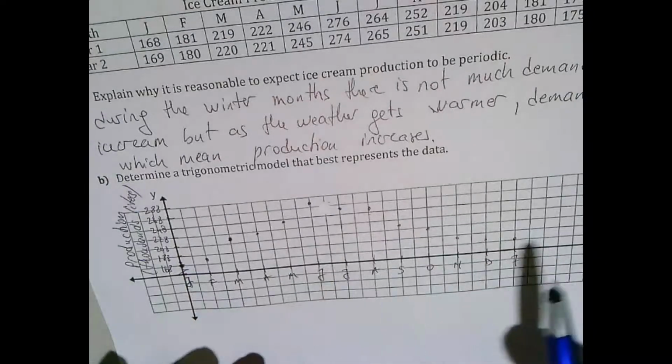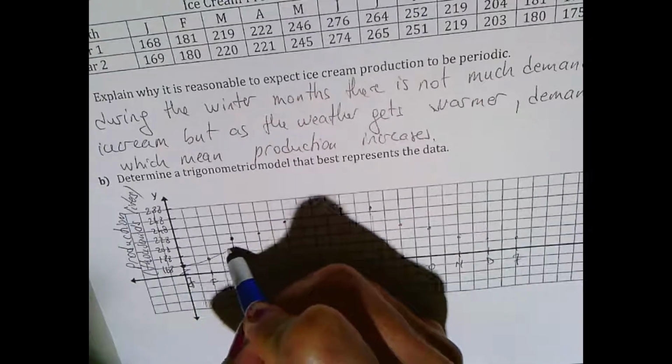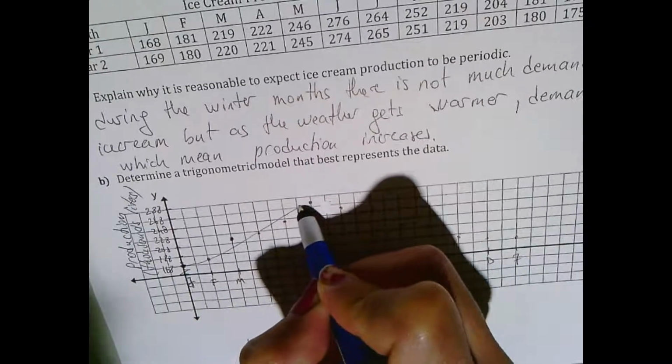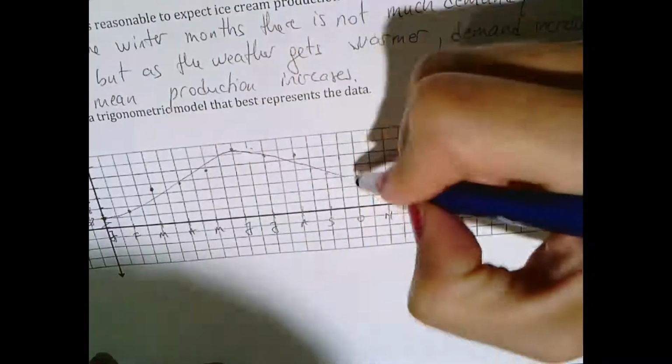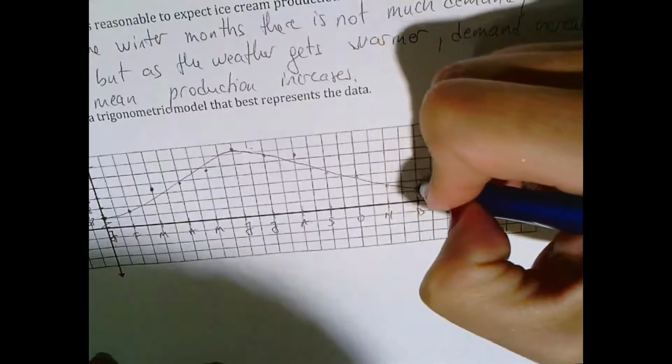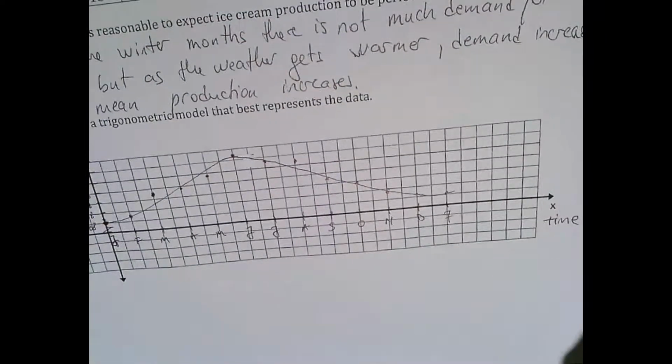So it looks like a pattern, so I'm going to draw the curve of best fit. This seems to be my peak, and it goes down, and then it goes up again.